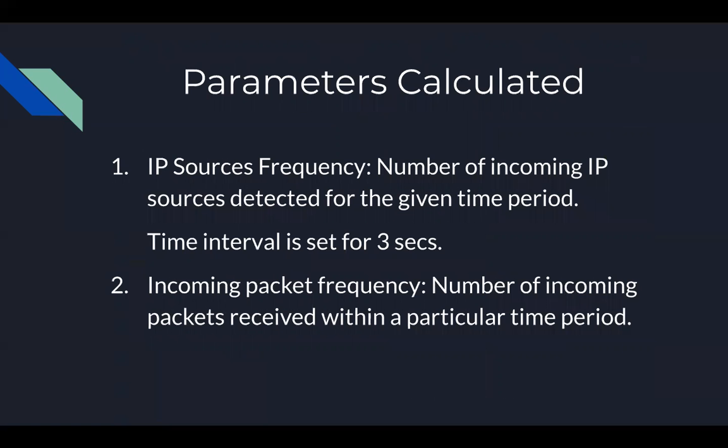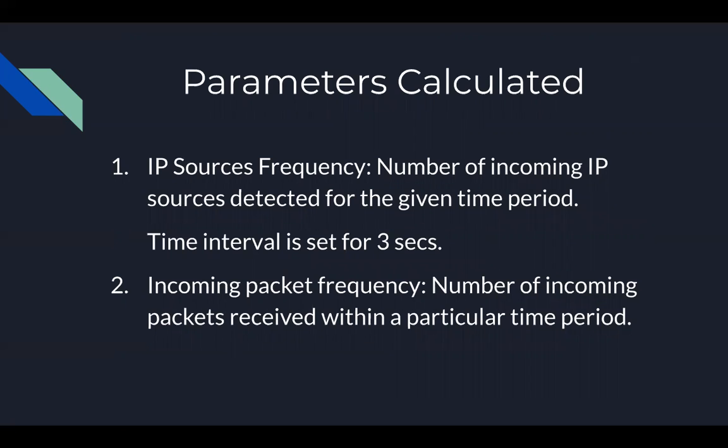Now, to look at the parameters being calculated. As I told you, we need to evaluate and distinguish between normal traffic and attack traffic. So the three features which we came up with were these. First is the IP source frequency.